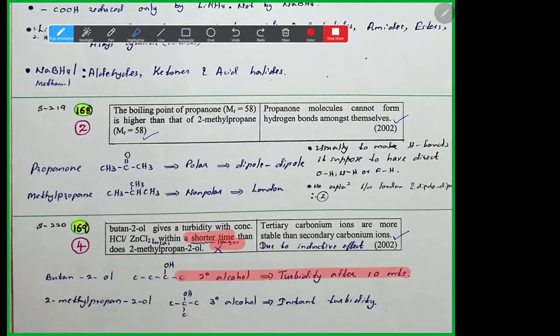Tertiary carbocations are more stable than secondary due to the inductive effect. That's true. 169, answer 4.